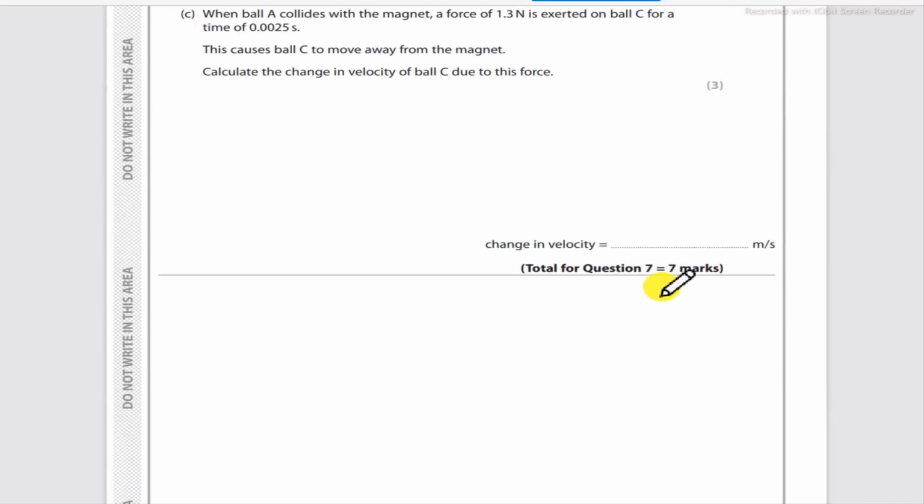Question number C. When ball A collides with the magnet, the force of 1.3 Newton is exerted on ball C for a time of 0.0025 seconds. This causes ball C to move away from the magnet. Calculate the change in velocity of the ball C due to this force. We know force equal to mv minus mu divided by t. That means change in momentum divided by time taken.